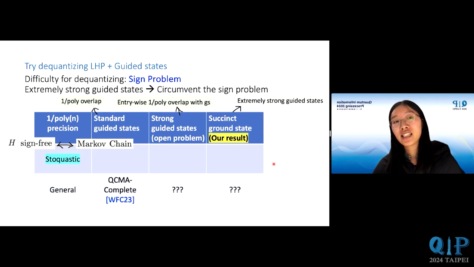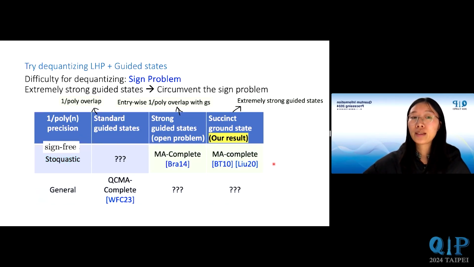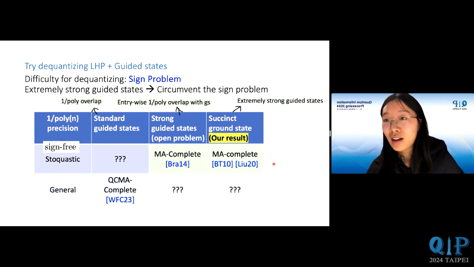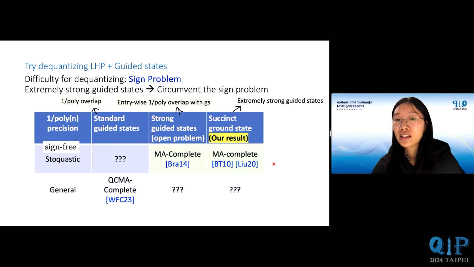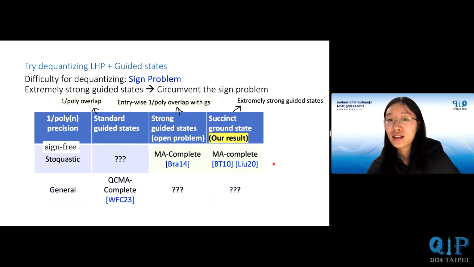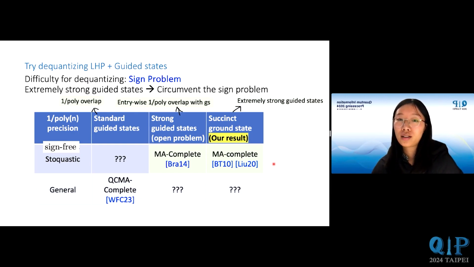I said the difficulty for dequantizing is because of the sign problem. If we know the Hamiltonian is sign-free, even before our result, we already knew we could dequantize it. So we know the stochastic Hamiltonian, even with strong guided states, is MA complete.